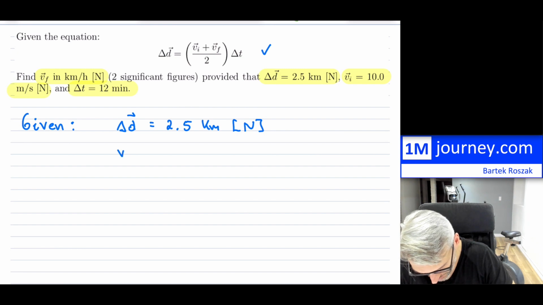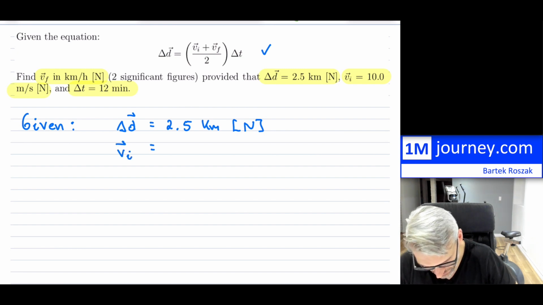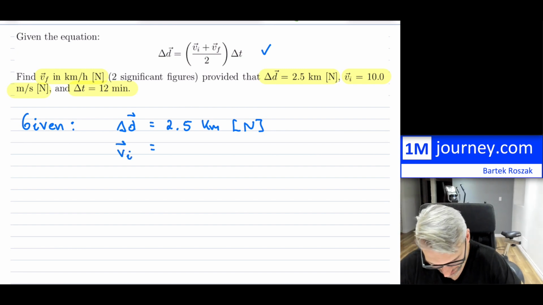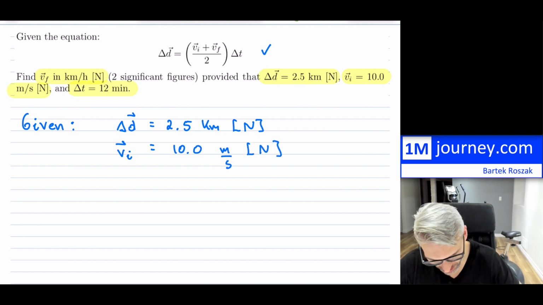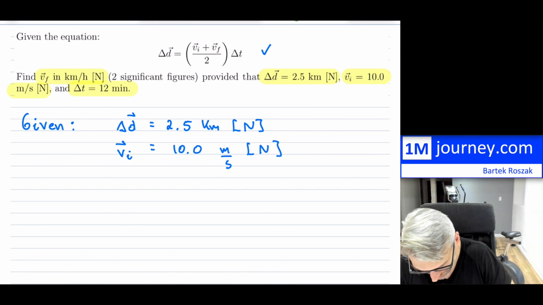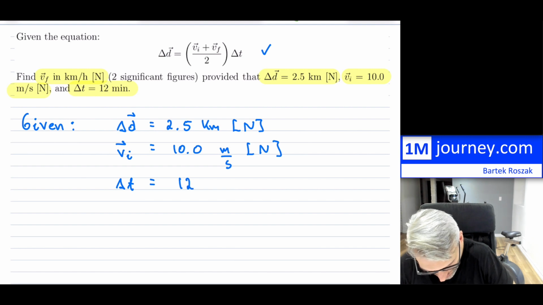We have our initial velocity, that's 10, in meters per second. Ooh, this is not going to be good, because it's in meters per second and the other one is in kilometers. And then finally delta T, this one is 12 minutes.